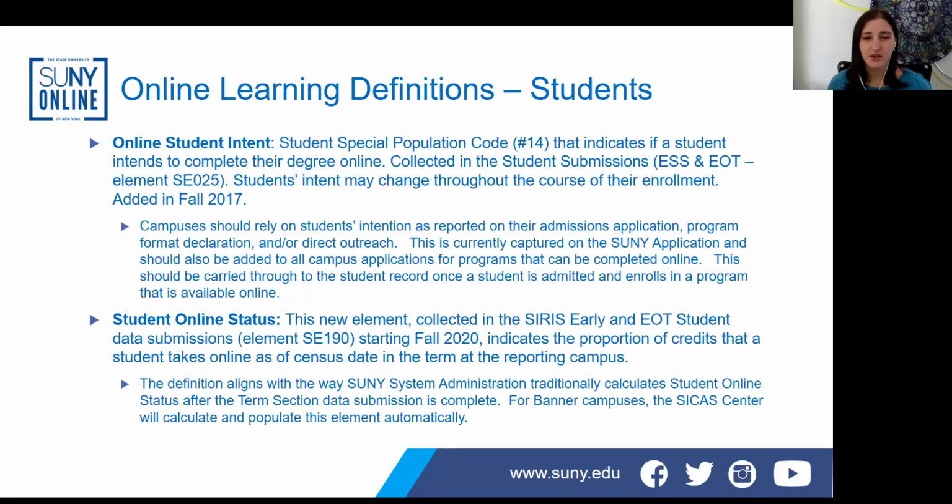Not all of our campuses are using it yet, which makes it problematic to actually gather insights from it. But the idea here is that we don't want to just know what classes they're taking once they've enrolled in them. We want to know really, are they considering themselves to be an online student? And this can be helpful because we can get that information at the time of application, and we can make sure we're prepared to support those students.